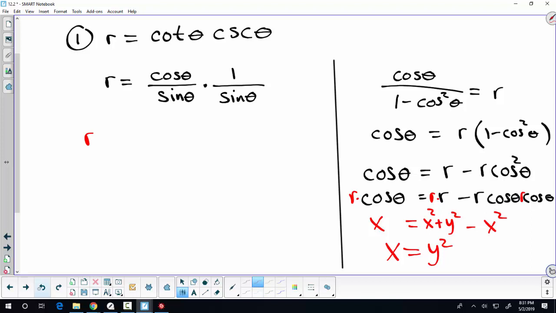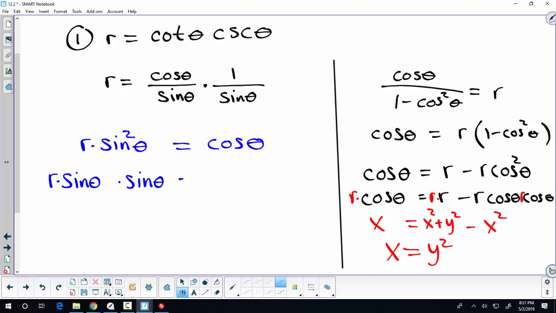We could multiply both sides by sine squared. Break this up: this is r sine theta times sine theta equals cosine theta. And then from here, multiply both sides by r.